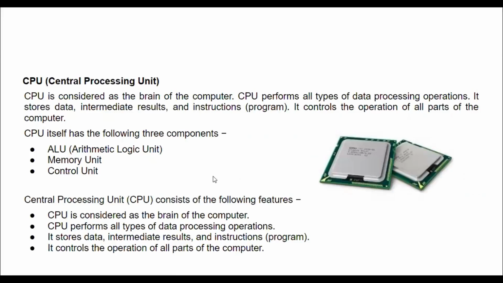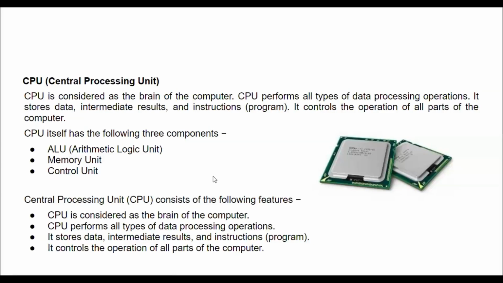And then another functional unit, we have the central processing unit, the CPU, which is considered as the brain of the computer. So the CPU performs all types of data processing operations. So it stores data, intermediate results, and instructions or program. It controls the operation of all parts of the computer.